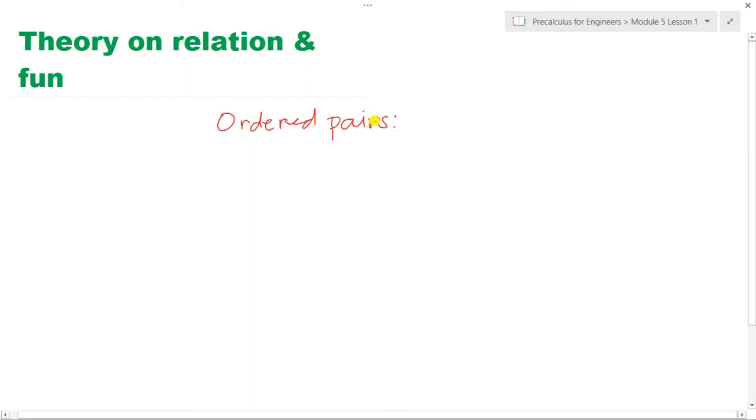At this time we just consider 2 variables. For an ordered pair, the first number is represented by x, the second one is represented by y. So there is a connection between our first variable x and the second variable y.